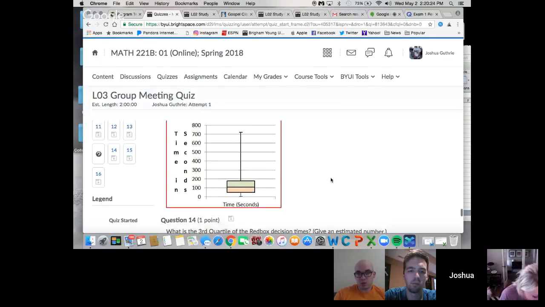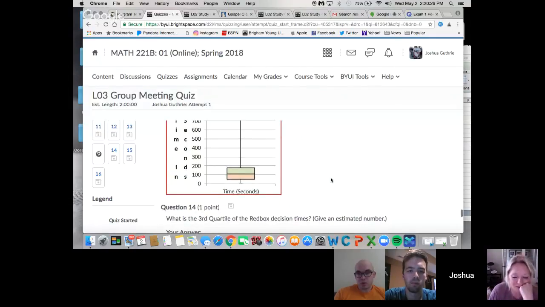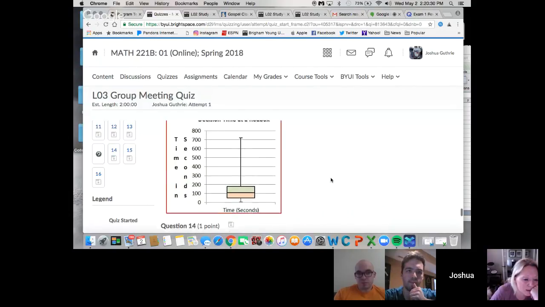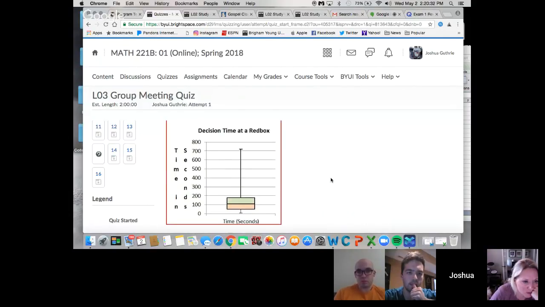So the question is, what is the third quartile of the Redbox decision times? Okay, so let's see. If the bottom one is 0, where is the second quartile?